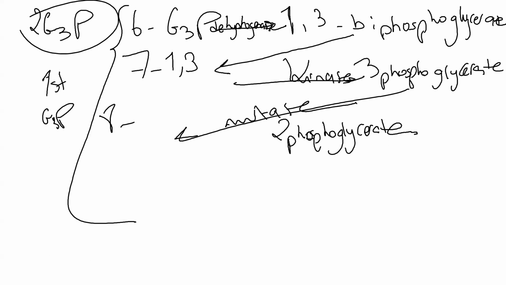And then this 2-phosphoglycerate will become PEP by enolase enzyme.